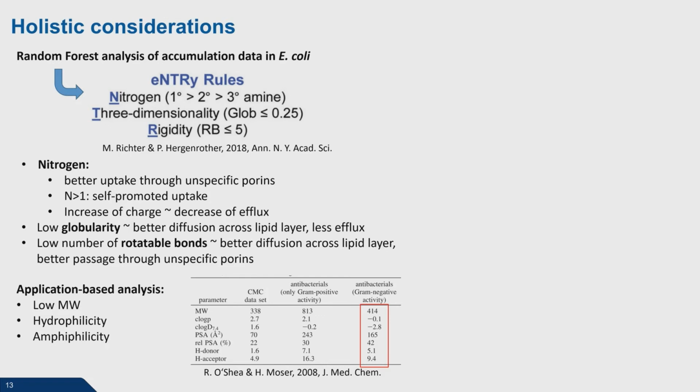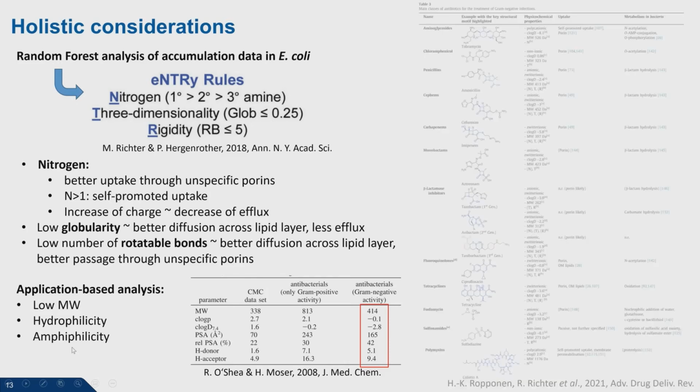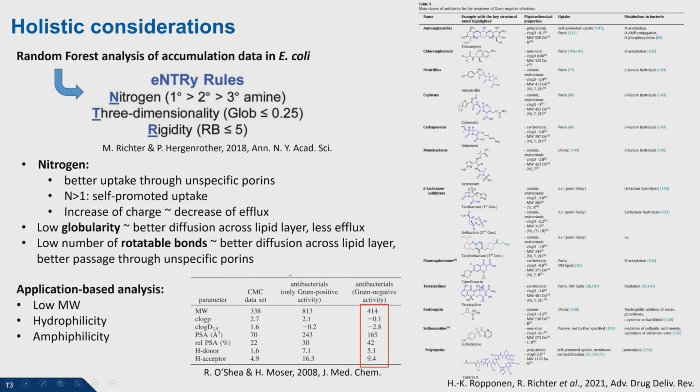Also, in one of my papers, I used the random forest analysis, which was quite advantageous because you can do such an analysis already with a relatively low set of compounds, and you can also conduct such a random forest analysis although maybe one or two data points are missing, so the dataset doesn't have to be complete.